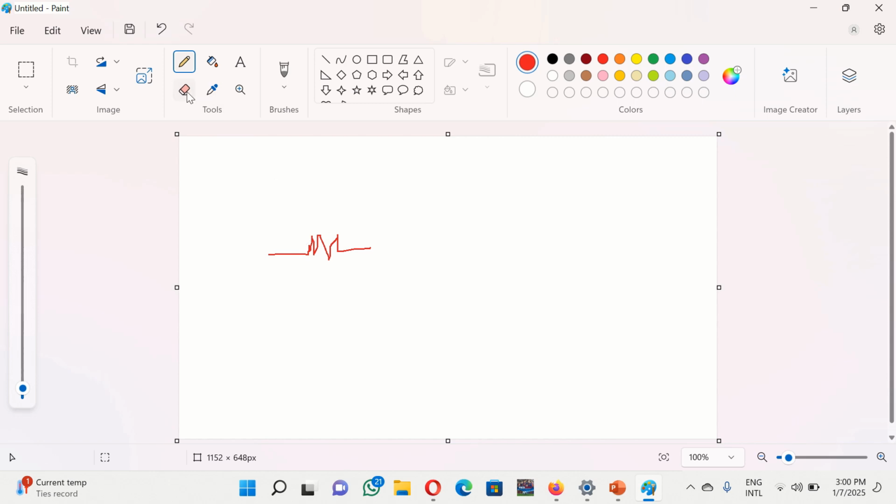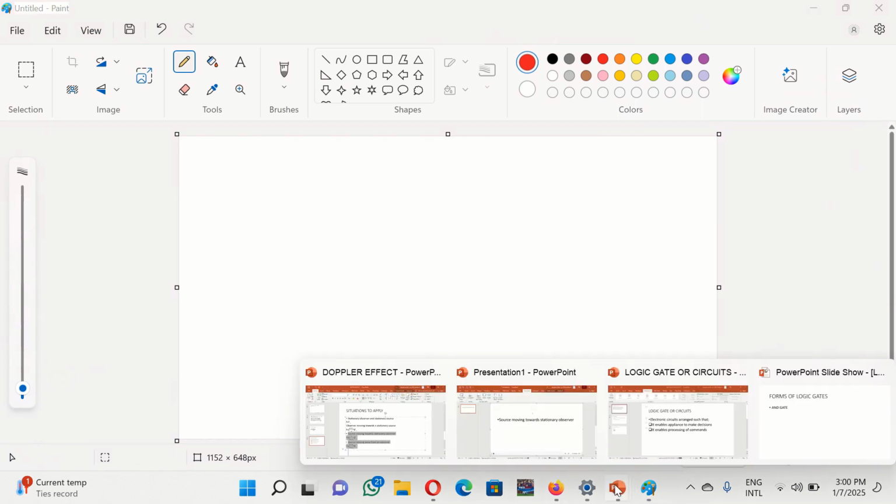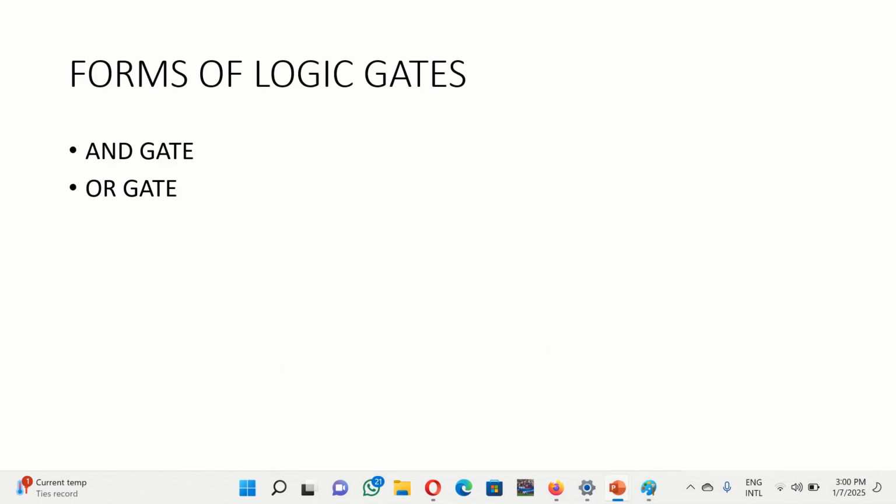So in the case of logic gates, there are also symbols for all of them. Today we are going to deal with the first two, which are the AND gate and the OR gate.